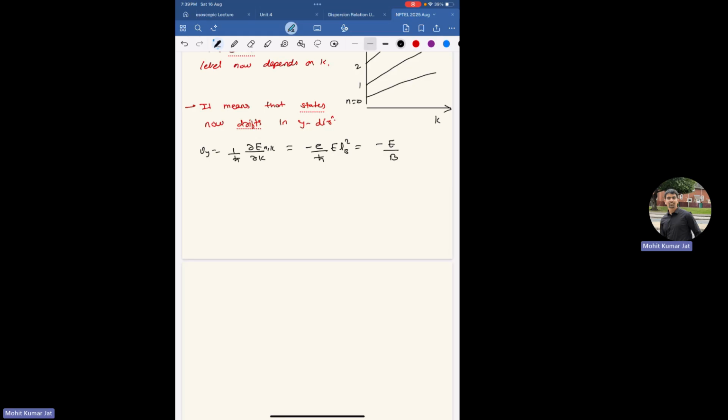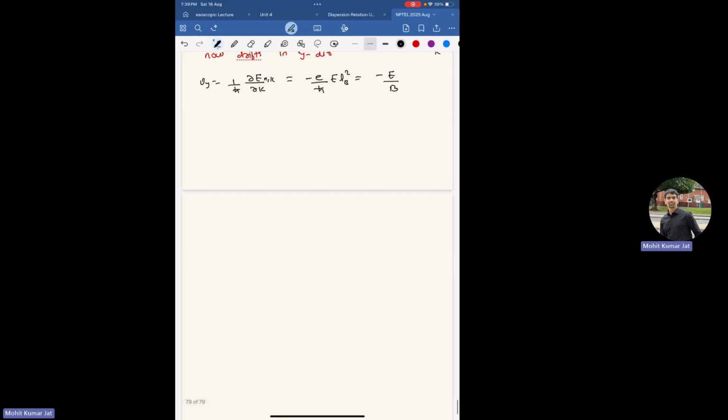We say that electrons have this force v cross B. This is essentially that force, which is derived quantum mechanically. So this is the quantum mechanical version of the Lorentz force, right?